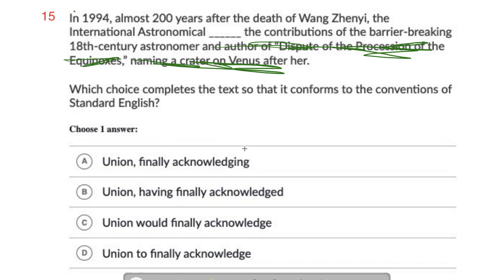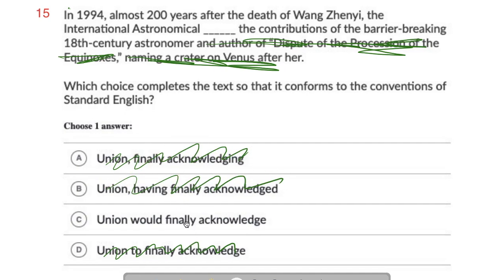I would have gone with just finally acknowledged. That would be the simple past tense. The correct answer here is going to be answer choice C. What are they doing here? I think this is a little bit odd, but this is something called future in the past, or would can be used in different ways.